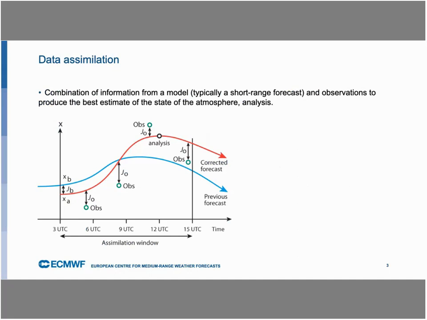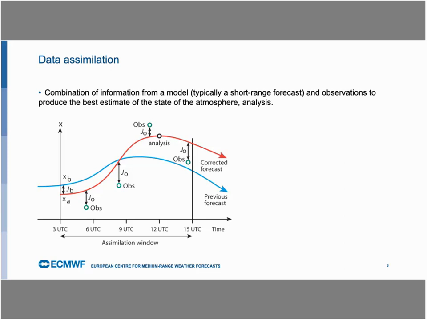And then we have the latest observations, which are shown in the plot with the green dots. And the aim is to combine these two sources of information in the best optimal way to get the best estimate of the state of the atmosphere.